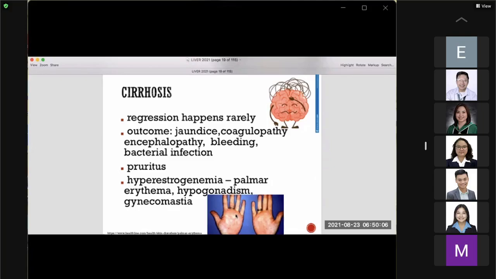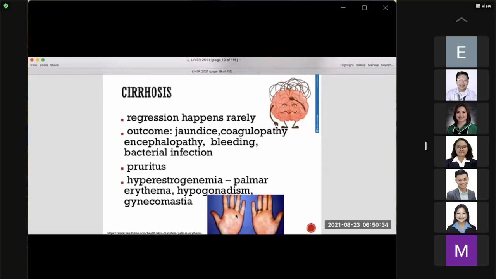The outcome of this would be, of course, the yellowish discoloration of the skin of the patient, in the form of jaundice. There is coagulopathy, there is encephalopathy, and of course, because of derangement in coagulation factors, bleeding ensues. The patient is prone to having bacterial infection. Why?